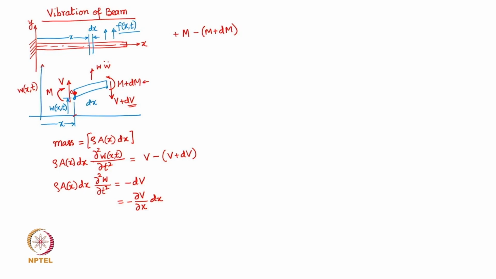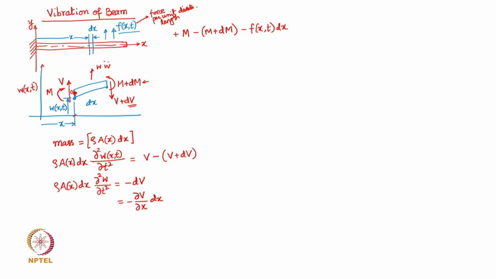Of course you can also take the moment because of the external force f(x,t) dx, because this is the external force per unit distance. This we have been using as a standard way to prescribe the external force f of x comma t, which is force per unit length.